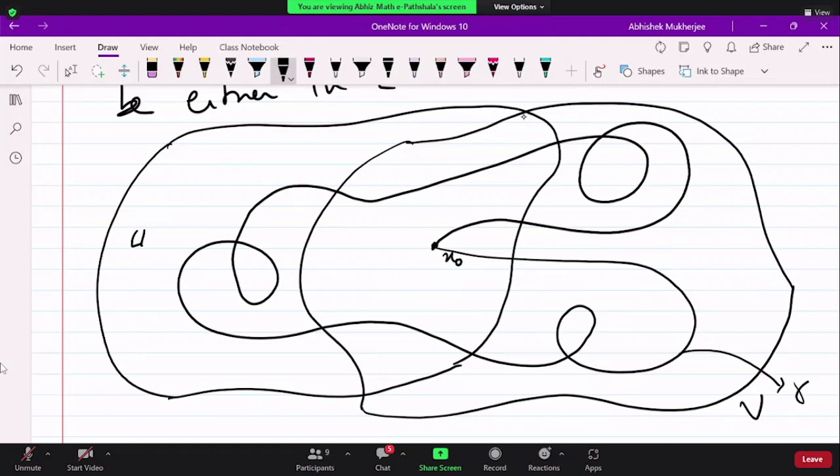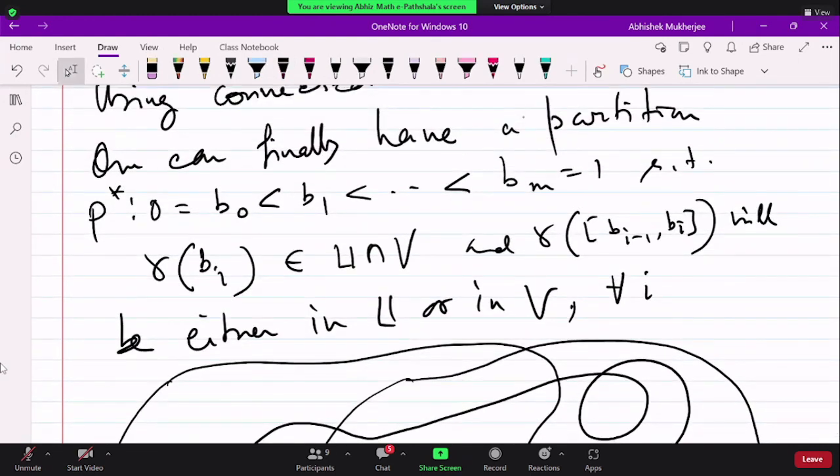Now what you can do? If you look at the partition, you will see that for each of the subdivision points, this gamma of b_i is in the intersection.